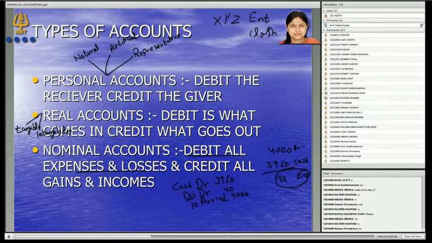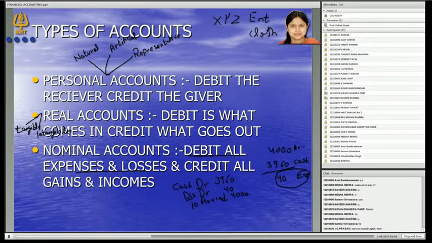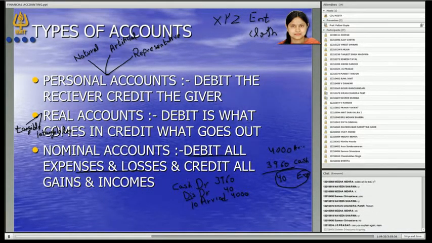Clear with everyone? If you see entry numbers 7 and 8, in 7 you purchased 10,000 and in 8 you returned 5,000.